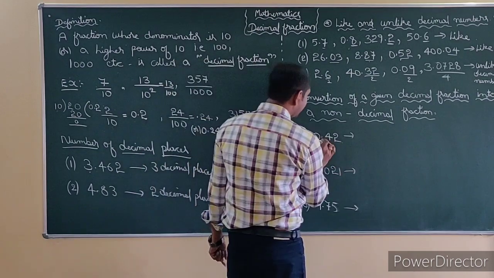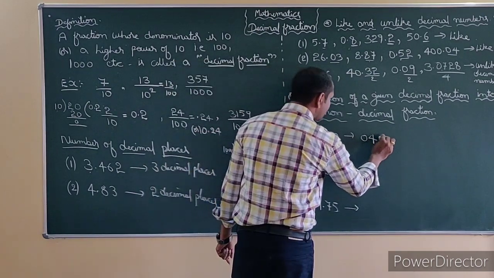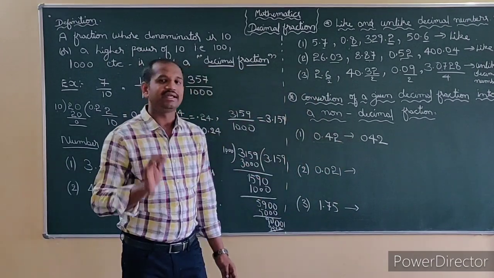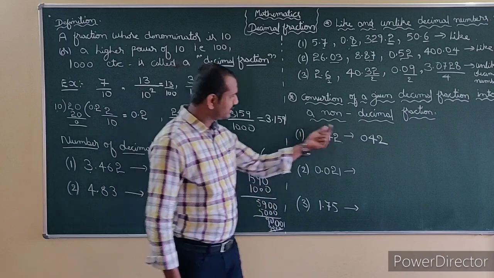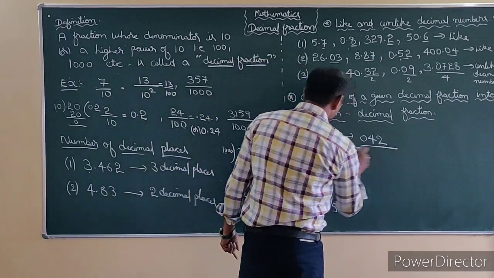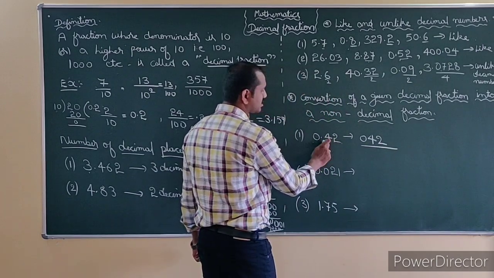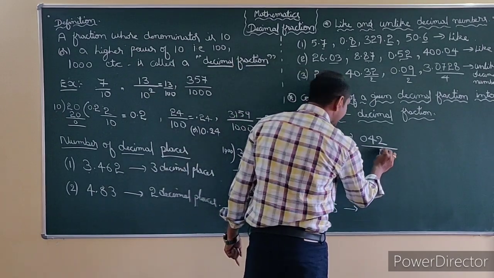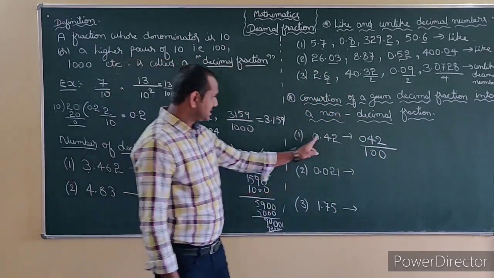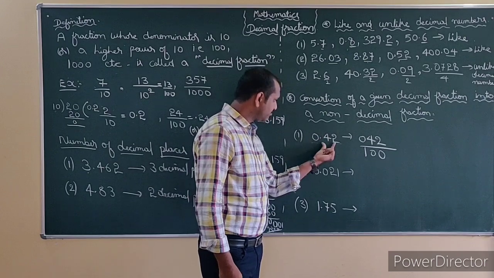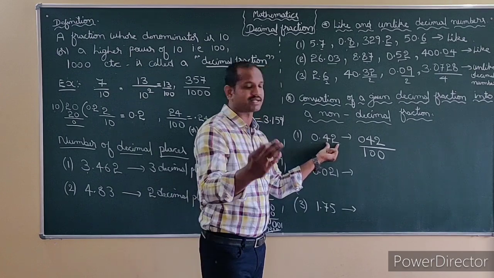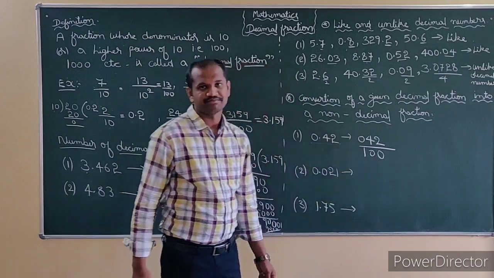If I remove the decimal, it will be 042, but a 0 on the left side has no meaning, so it is just 42. After the decimal, how many numbers were there? 2. So that many zeros with 1 in the denominator. I removed the decimal and wrote the number 42. After the decimal there were 2 numbers, so that many zeros and 1.